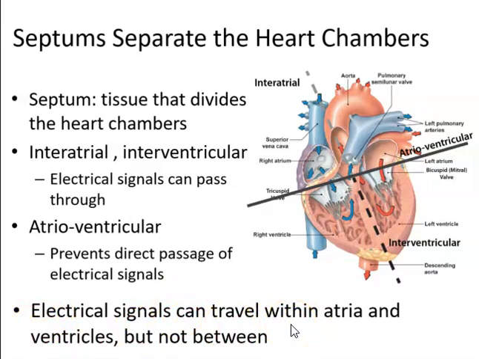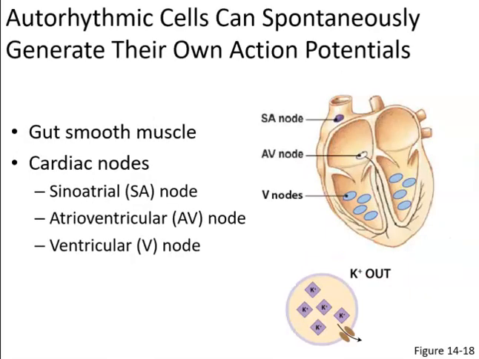All these contractions and relaxations are coordinated due to specific cells, and these are autorhythmic cells that can spontaneously generate their own action potentials. Within the heart, we have nodal tissue, so we have different cardiac nodes that will generate the action potentials that allow for contraction or relaxation of cardiac muscle tissue.